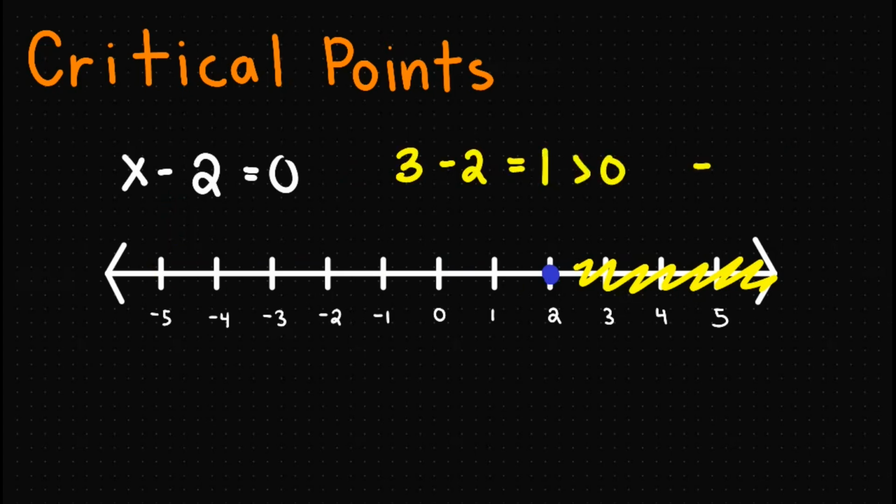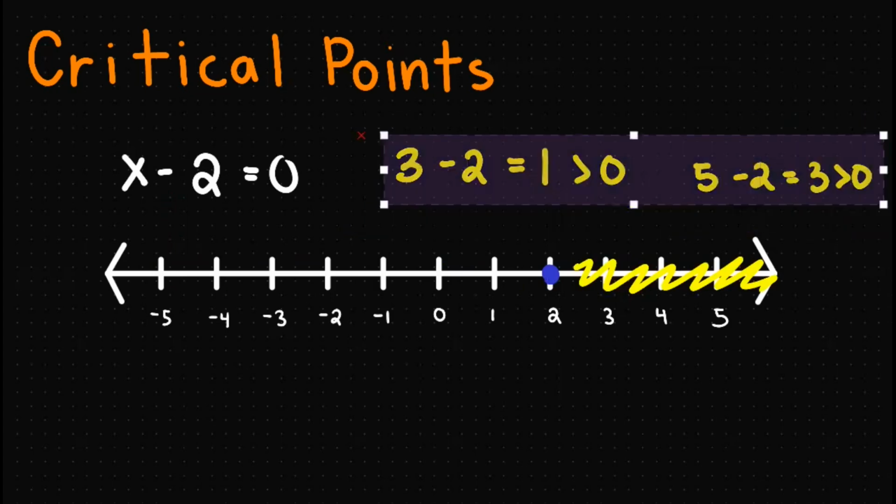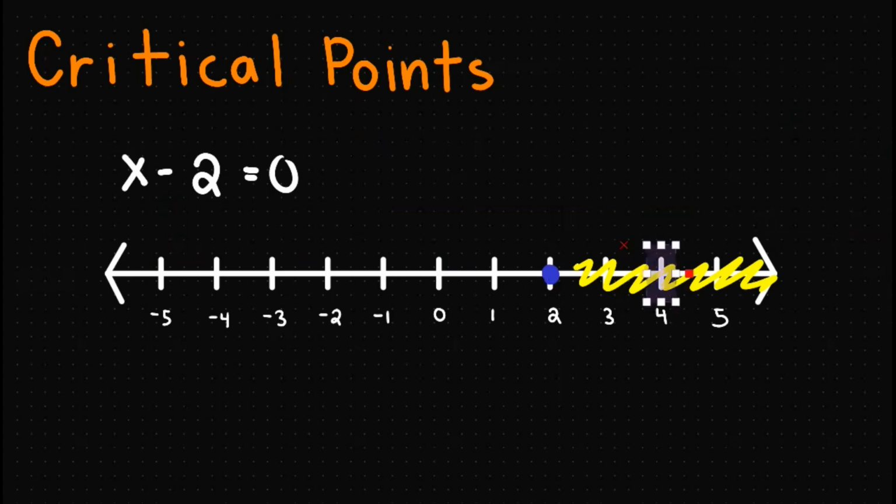If we try out 5 minus 2, the outcome is 3, which is positive. So essentially that is how critical points work. This is like the point wherein the sign of the given shifts. So out here we have negative, and out here on the right we have positive.